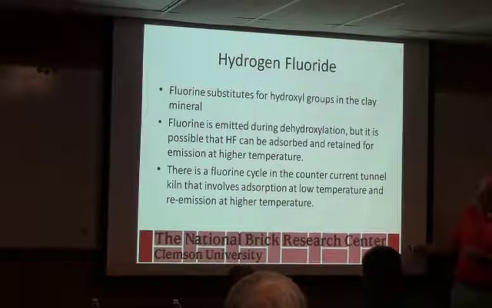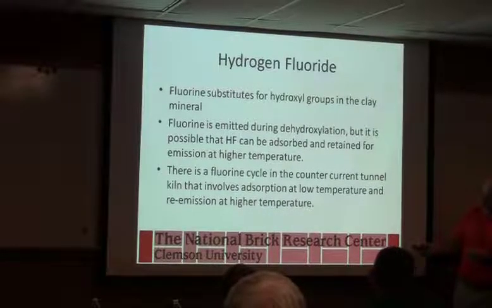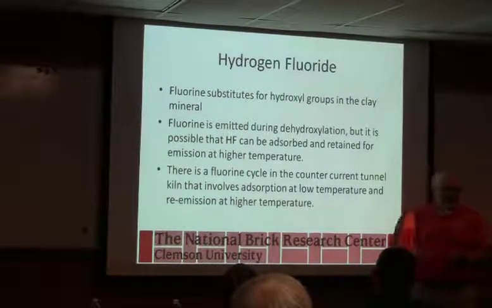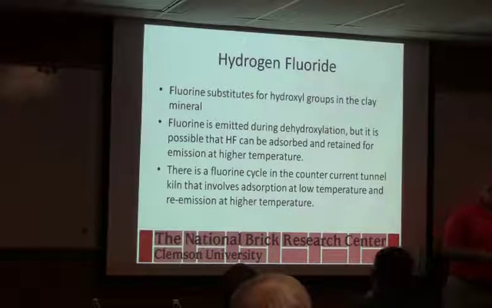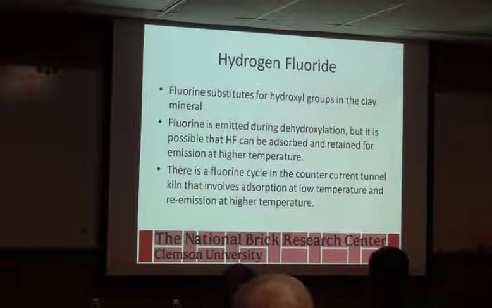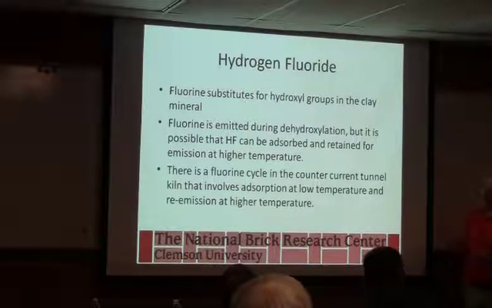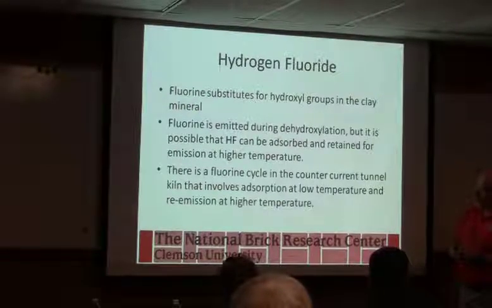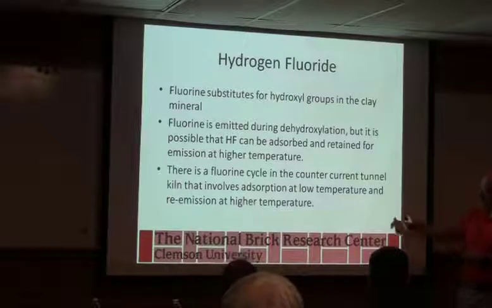There was a lot of discussion when fluorine first started to be regulated. There's actually a little bit of a cycle that goes on in your kiln. It comes out in the preheat, it gets pushed back toward the cooler ware coming in, and some of it's reabsorbed in the brick. It's not a huge effect, but it does drop the overall emission a little more than you would expect.